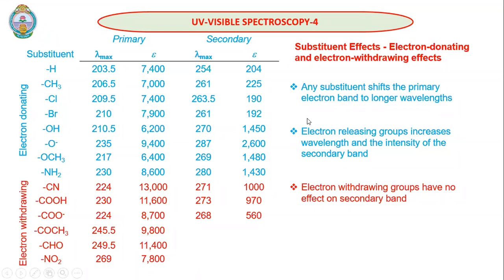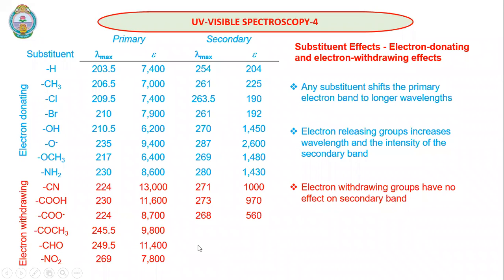See, these lambda maximum values are almost similar. Of course, they are different from pure benzene. Pure benzene lambda maximum is 203, but for substituted benzenes, their lambda maximum values are increased.